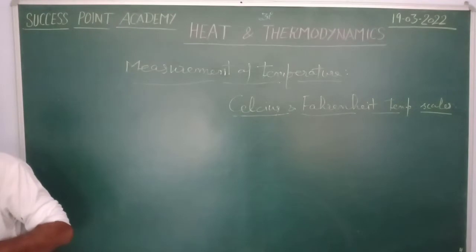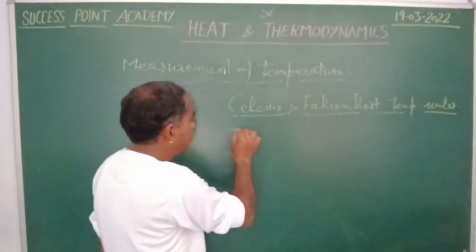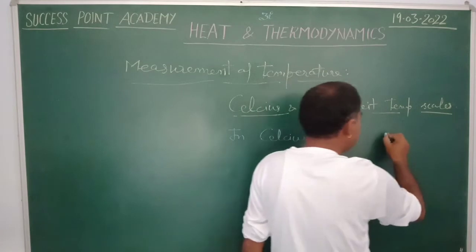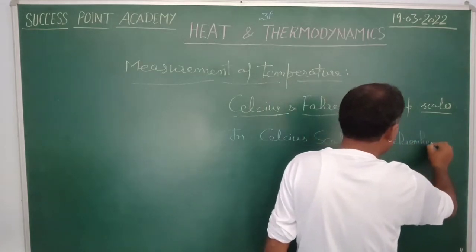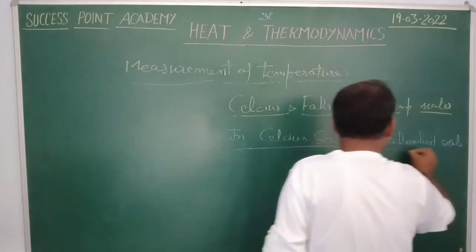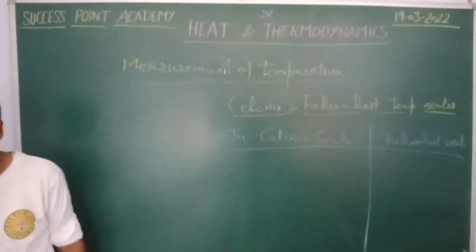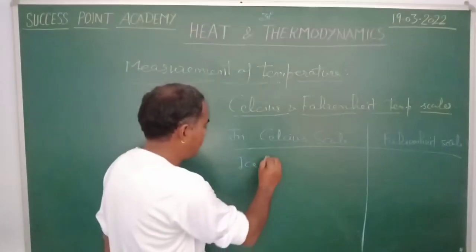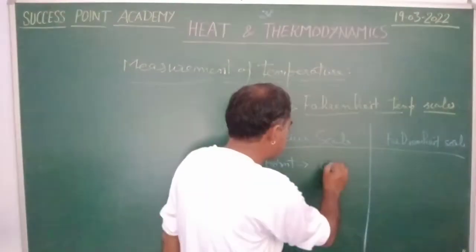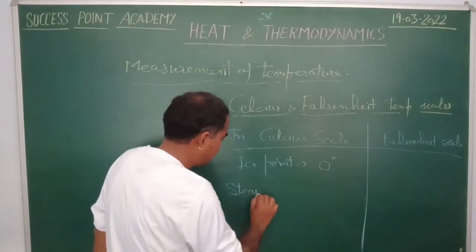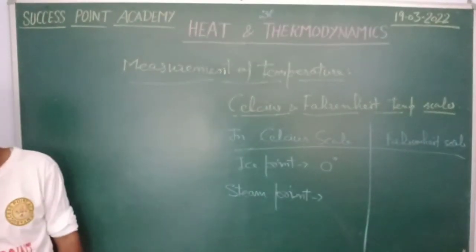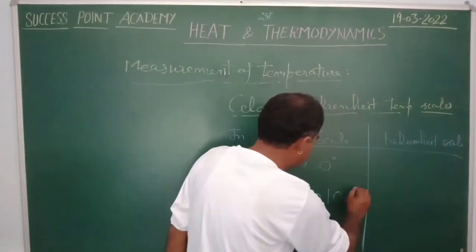In the Celsius scale, let us compare them with the Fahrenheit scale. So remember, in the Celsius scale, the ice point or freezing point of water is 0 degrees Celsius, and the steam point, generally called the boiling point, is, as you all know, 100 degrees Celsius.